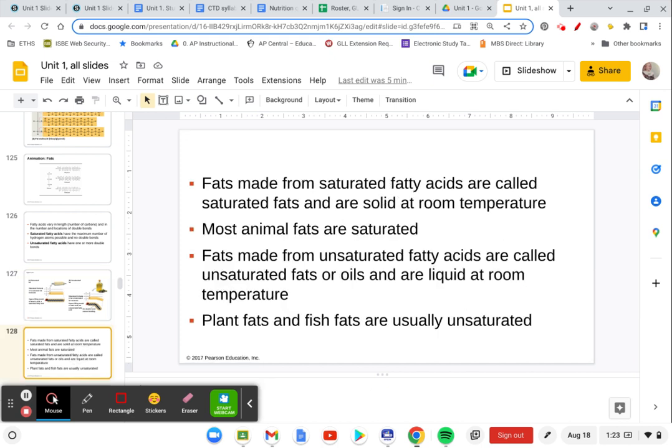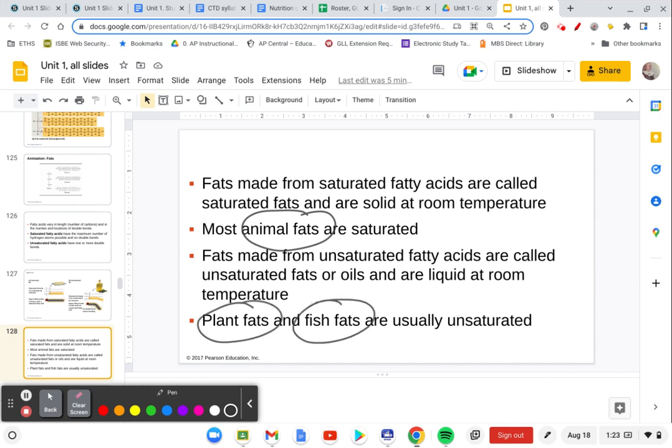So fats made from saturated fatty acids are saturated fats, and they are solid at room temperature. Most animal fats, I should say, are saturated. So butter, bacon grease, those are examples of saturated fats. Things like olive oil, which would be a plant oil, or fish oils tend to be unsaturated.